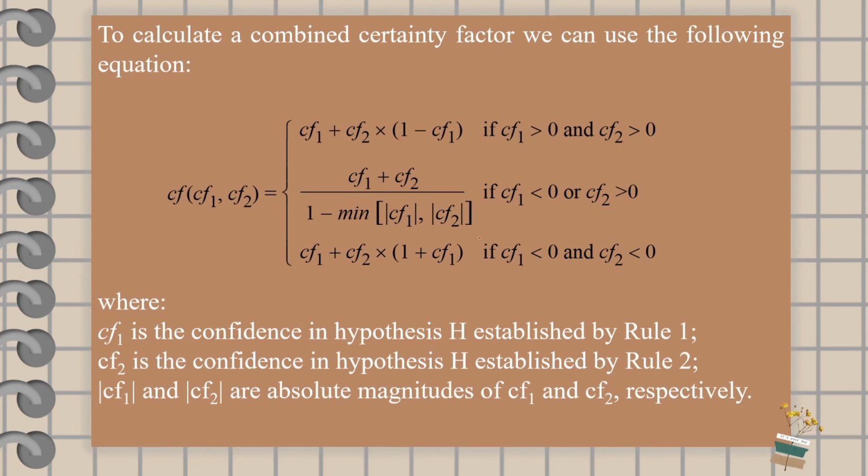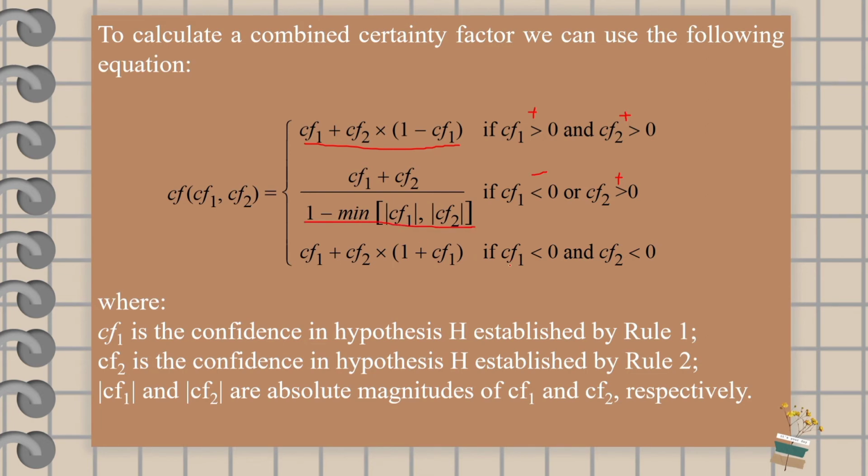This is the equation. If CF1 is greater than 0 and CF2 is greater than 0, which is both positive, then we are going to use this formula. If CF1 is less than 0, which is negative, or CF2 is greater than 0, positive, then we're going to use this formula.